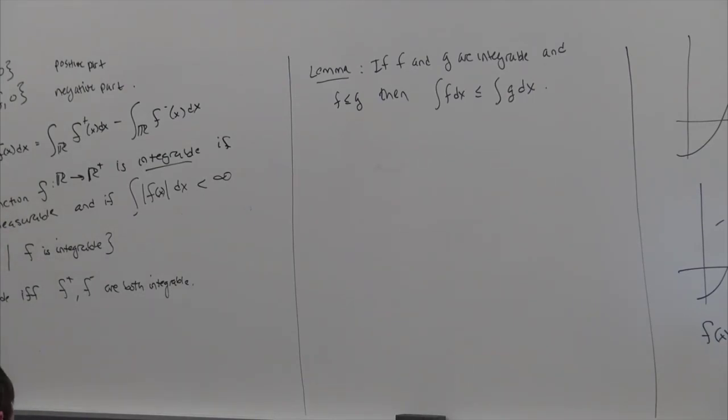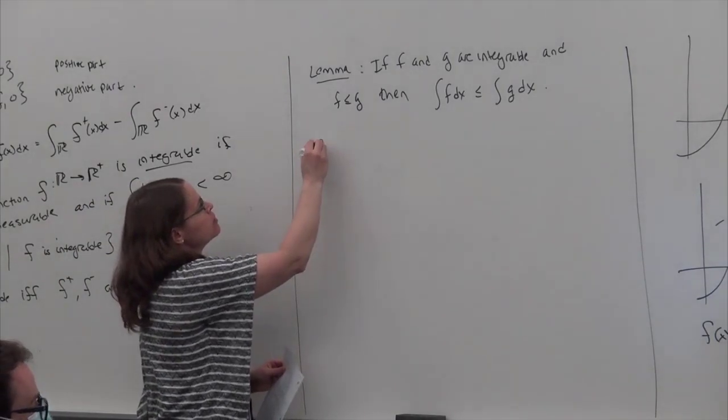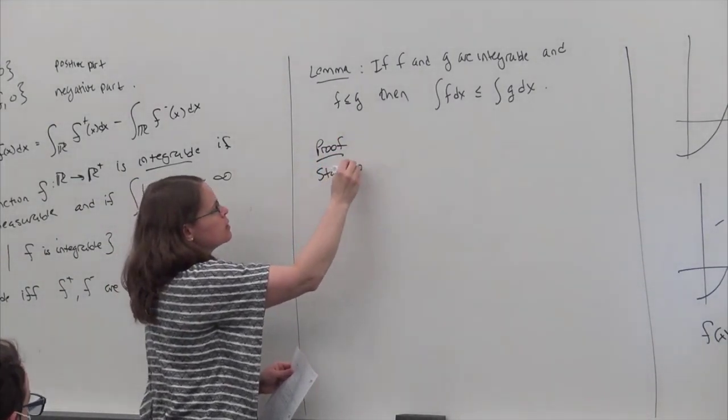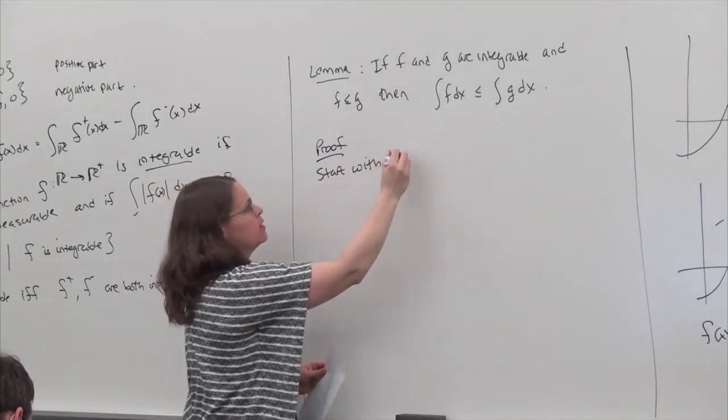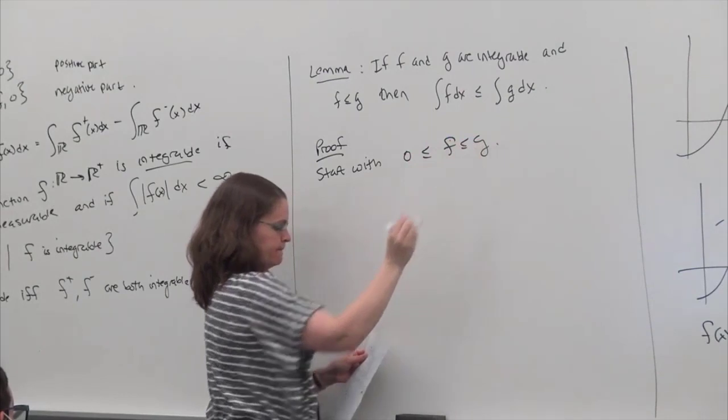Okay, so I'm going to start by doing this for non-negative functions. Of course, then we know we'll break these down into two components that are both non-negative. Okay, so let's start by assuming everybody is non-negative and they're ordered this way.